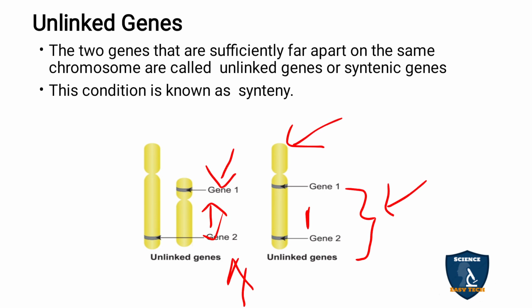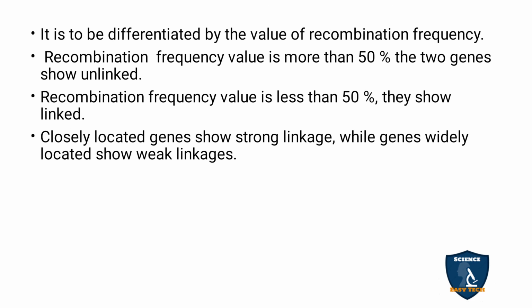Each gene is far away on the same chromosome, and these are called weakly linked genes. So based on the frequency, if it is more than 50%, they are called unlinked genes and the linkage is weak. If the frequency value is less than 50%, it is strong linkage and they are linked genes.